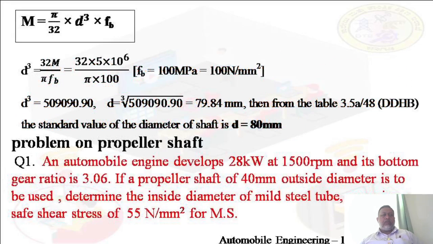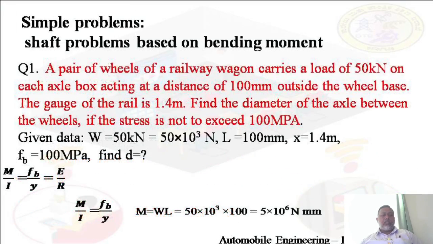After getting M, we will substitute into the equation. I is the inertia, and because it is a circular shaft, inertia is given by pi d 4 by 64, that is the standard value.